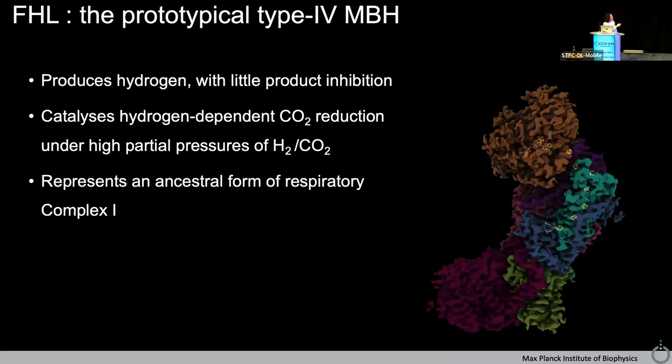There are 4 different groups in this superfamily, all of which reduce different substrates at an active site that's equivalent to the quinone reducing site in complex 1, but they all seem to work in the same way, as far as we can see from sequence and now from structure. But what we don't know is what that core mechanism actually is.